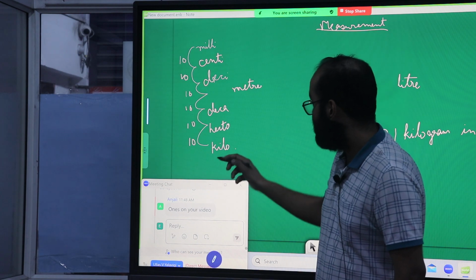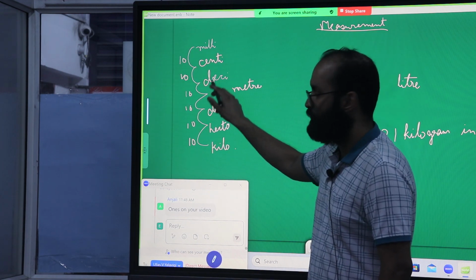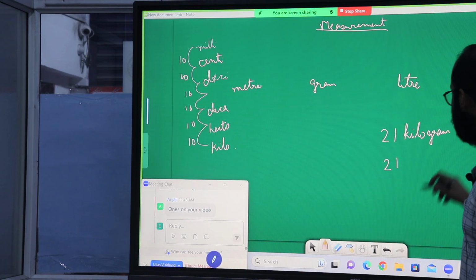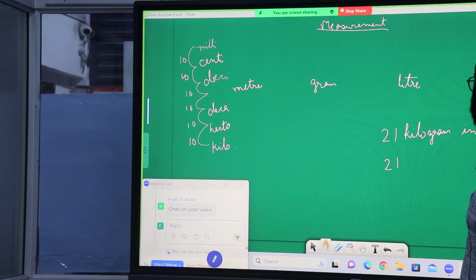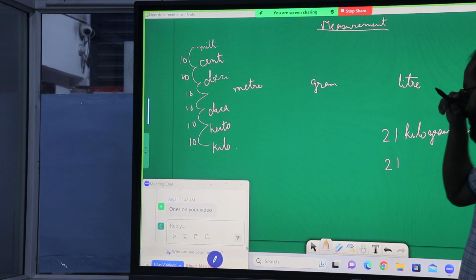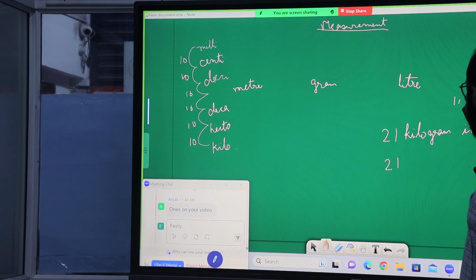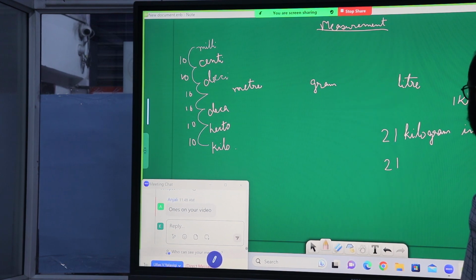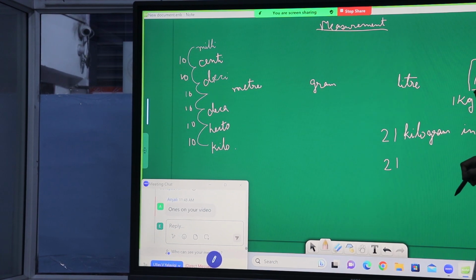How many times? 1, 2, 3, 4. 4 times 10, that is 4 zeros, that is 10,000. So I can say that 1 kilogram, we write kilogram as kg, equals 10,000 decigram. How do you write decigram?